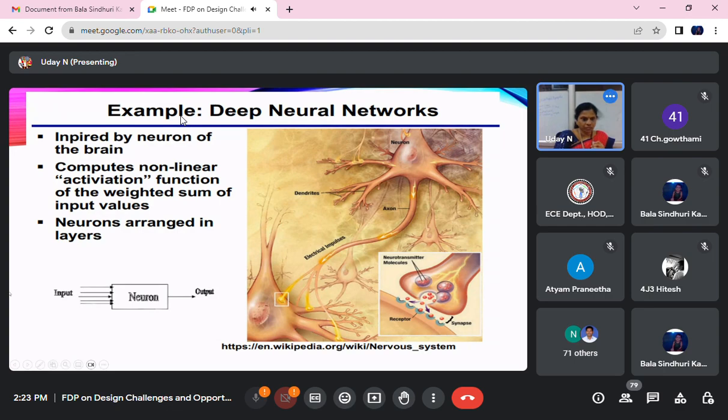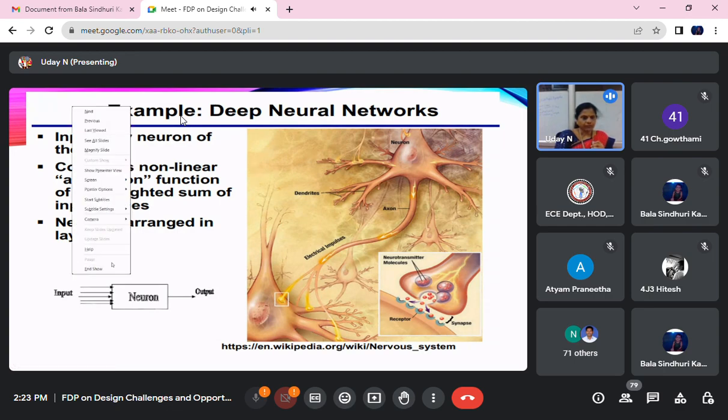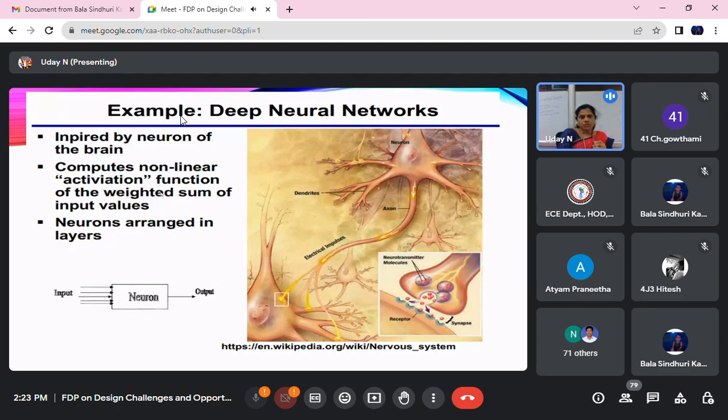The first one is called the nucleus. This is the cell nucleus, and this is called the axon, through which electrical impulses are given to the other neurons to which it is connected.